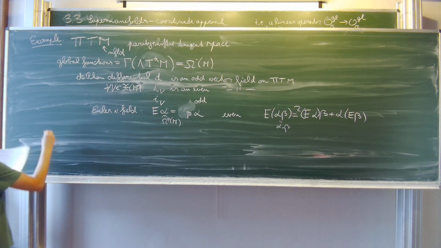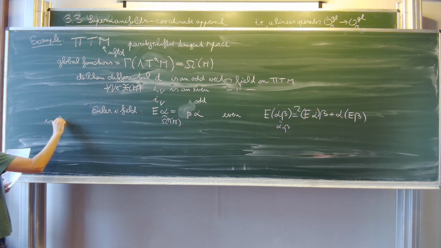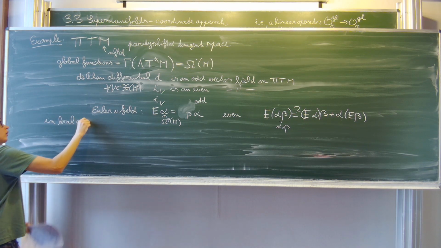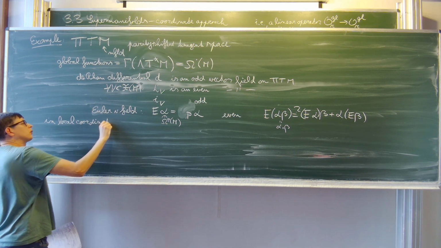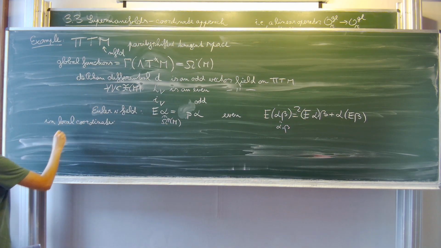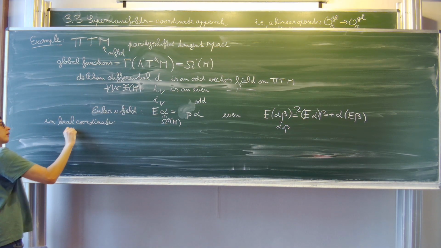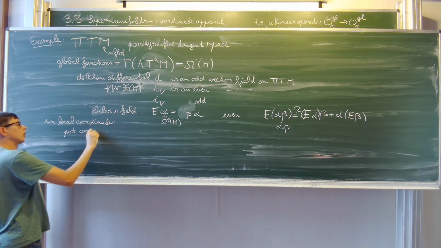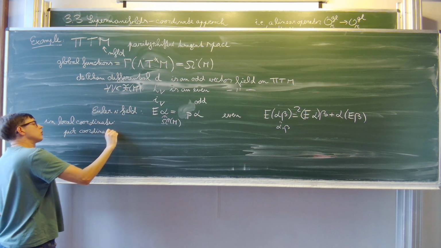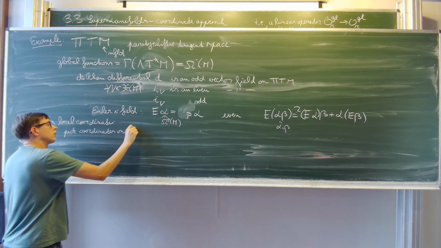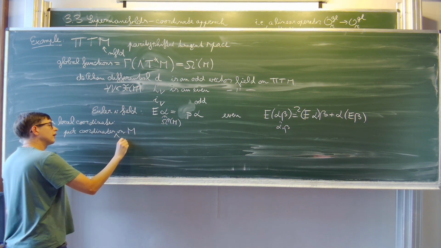Okay, so now what does this look like in local coordinates? What are natural coordinates on that thing? Pick ordinary coordinates on M, let's say xi.